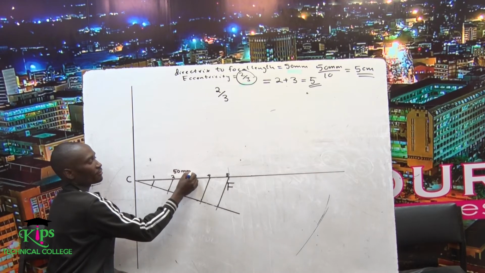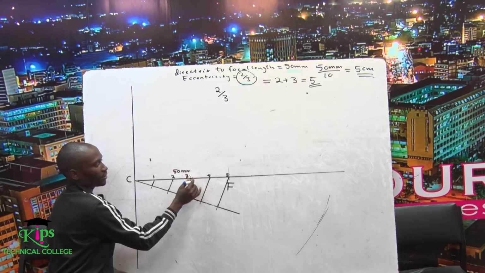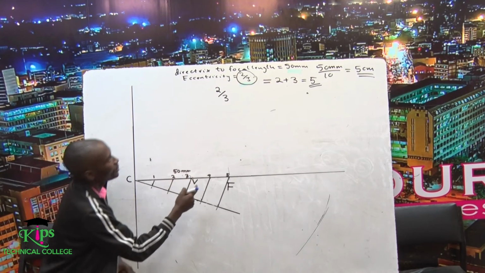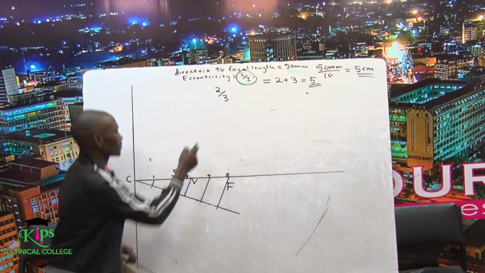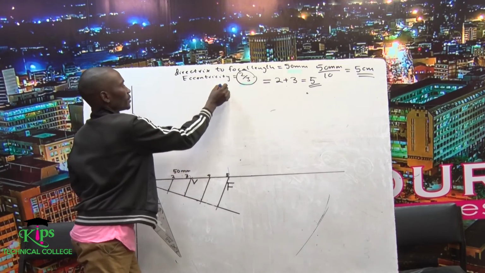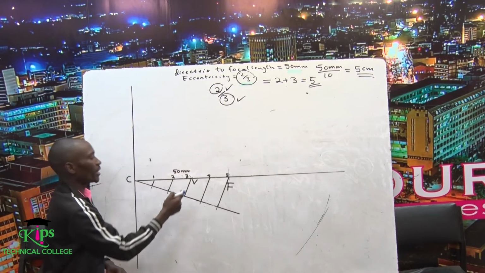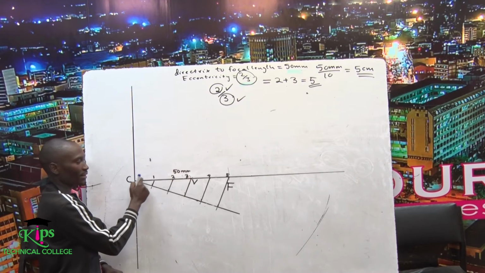This is whereby you have your V. You can place it below here. This is your V. Then from V you will count 3 sections. This one, we are through with this one. We are at this one. So we have 1, 2, 3.